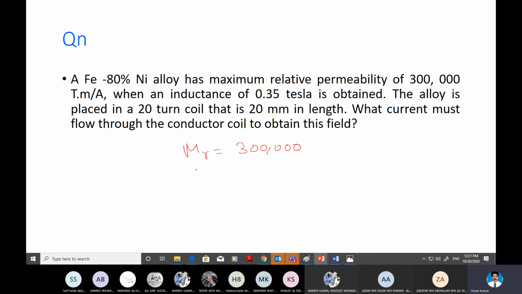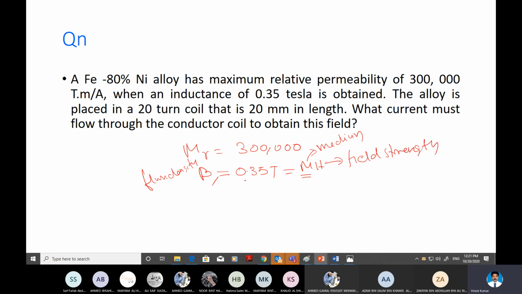And when an inductance of, again, you know it is B, which is the flux density, B equal to 0.35 Tesla. And you know it is equal to mu H, the permeability of the medium. Not relative permeability, not permeability of the vacuum, but permeability of the medium times H. H is the field strength.